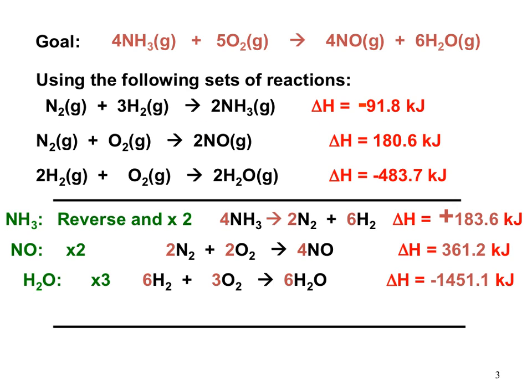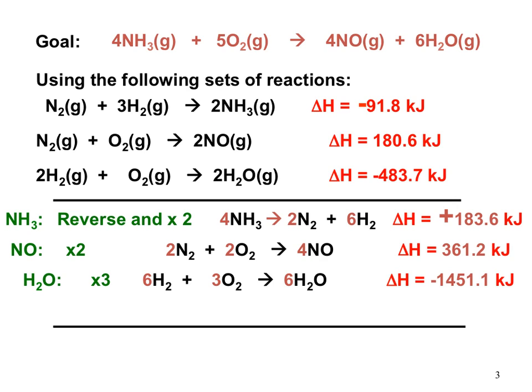Okay, so if we reverse this equation, remember, if we reverse the equation, the sign is going to change. So that's the first thing to think about. Now, if we also look at the way that this equation is balanced, how many moles of NH3 do we have here? We have 2, but we actually need 4. So in addition to flipping this equation, we're also going to have to multiply through by 2.